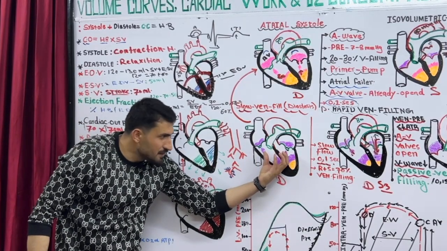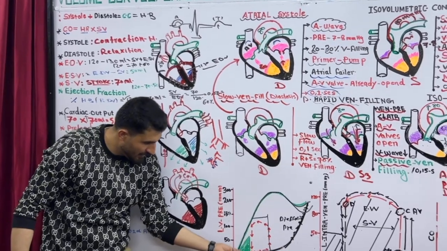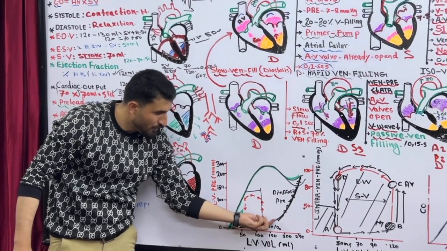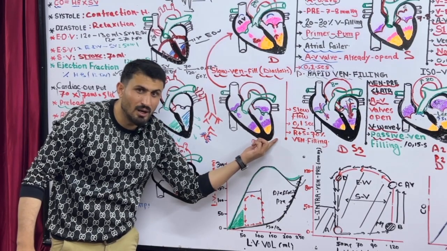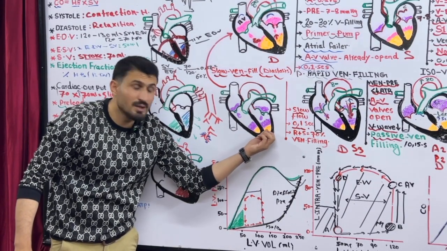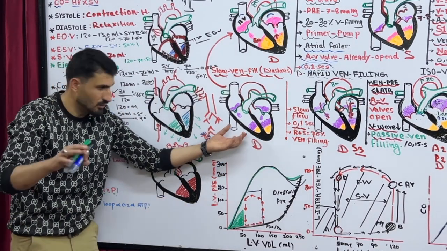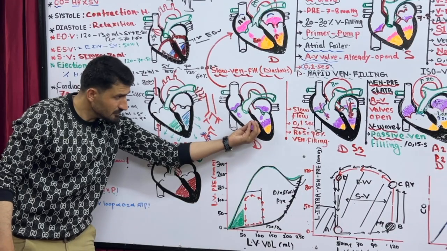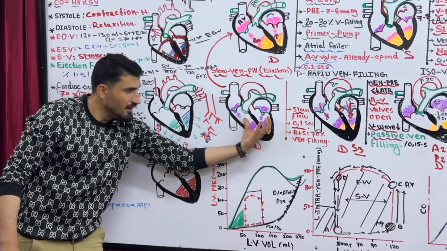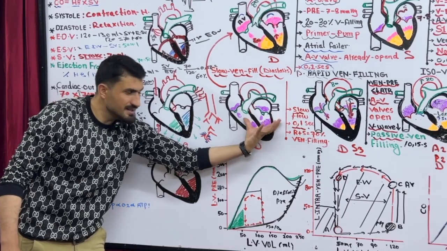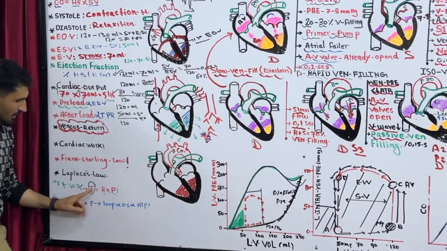Now listen carefully. When you increase the radius, for example in heart failure, you are going to put more blood volume here. When you put a lot of blood inside the ventricle, it means you increase the radius, and when you increase the radius, you increase the tension.